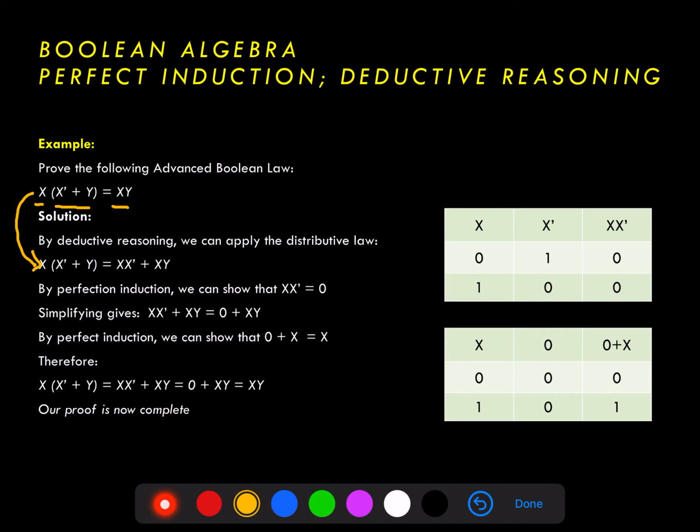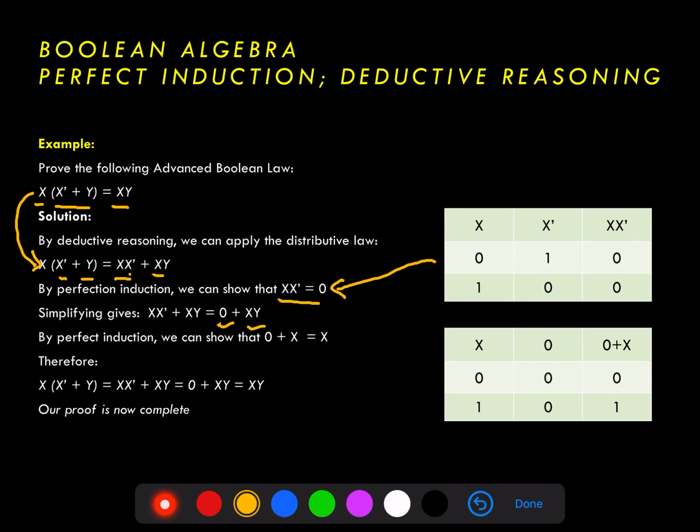X times quantity x naught or y just gives us x and x naught, or x and y. By perfect induction here, shown in the truth table on the top, we can prove that x and the complement of x is always equal to 0, which allows us to simplify this term and get 0 or xy.